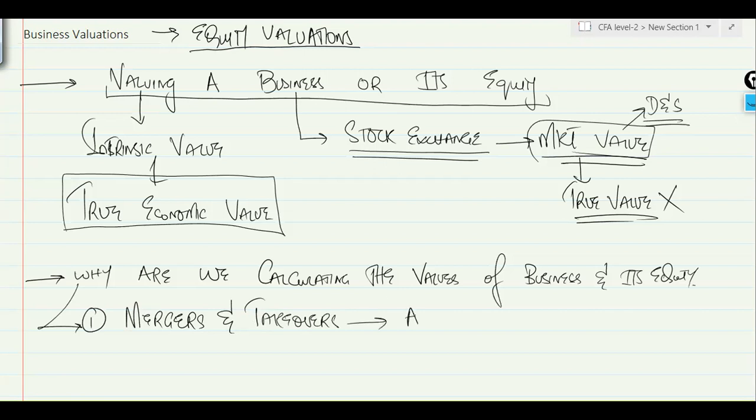One company, company A, will either merge with company B or take over company B. That means company A will be buying company B. Hence, in that case, business A is buying the entire business B. At some events, an ordinary person can also buy a business, such as, we can take the example of Facebook acquiring WhatsApp.